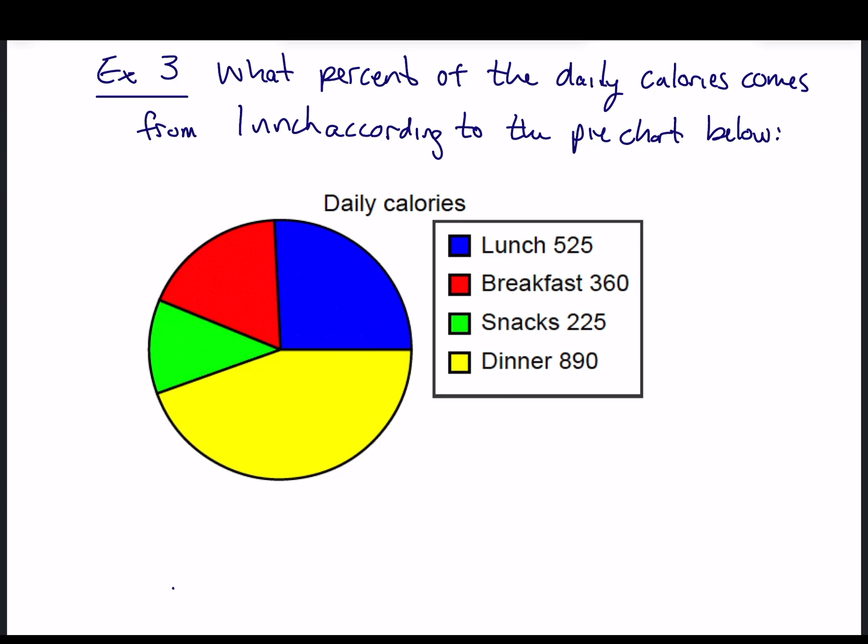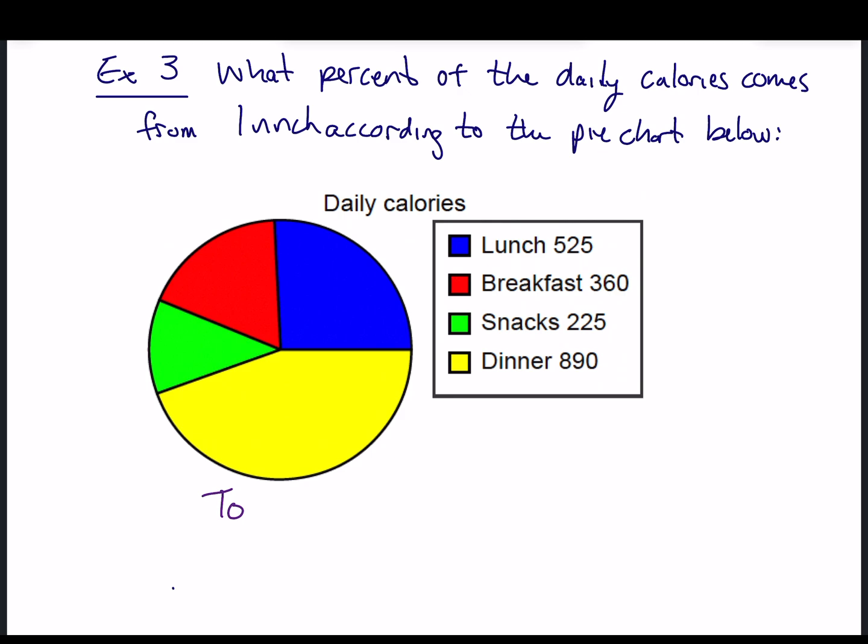Example number 3. What percent of the daily calories comes from lunch according to the pie chart below? Notice again that we have different colors representing different pieces of the pie chart. The blue section represents lunch, yellow is dinner, green is snacks, and red is breakfast. If we add all of these numbers up, 525, 360, 225, and 890, what do we get?